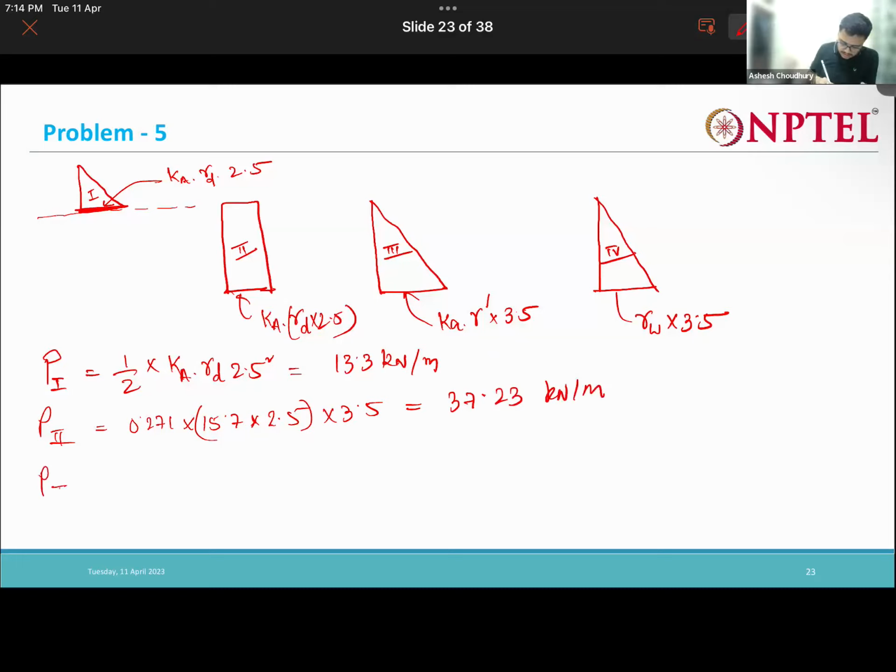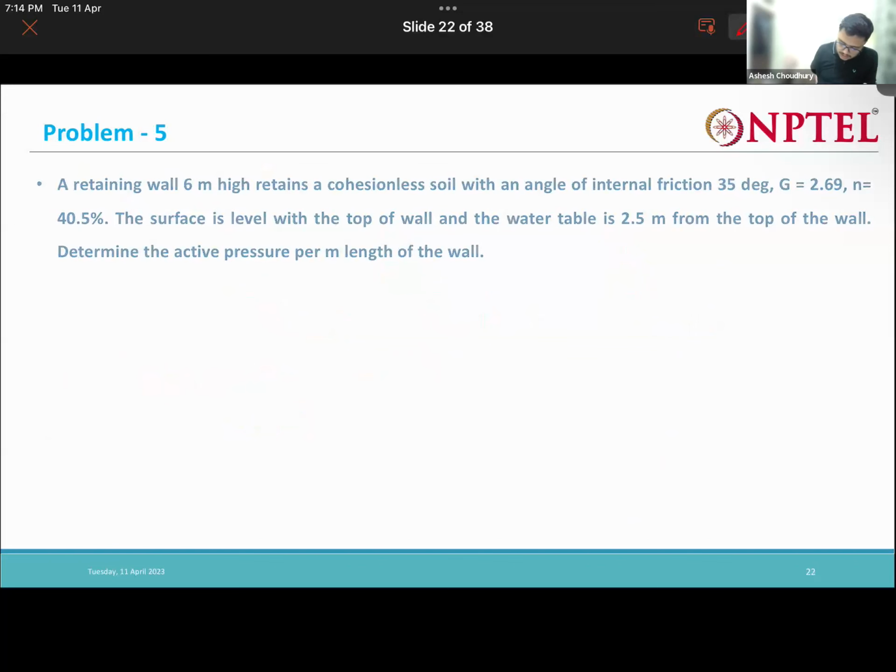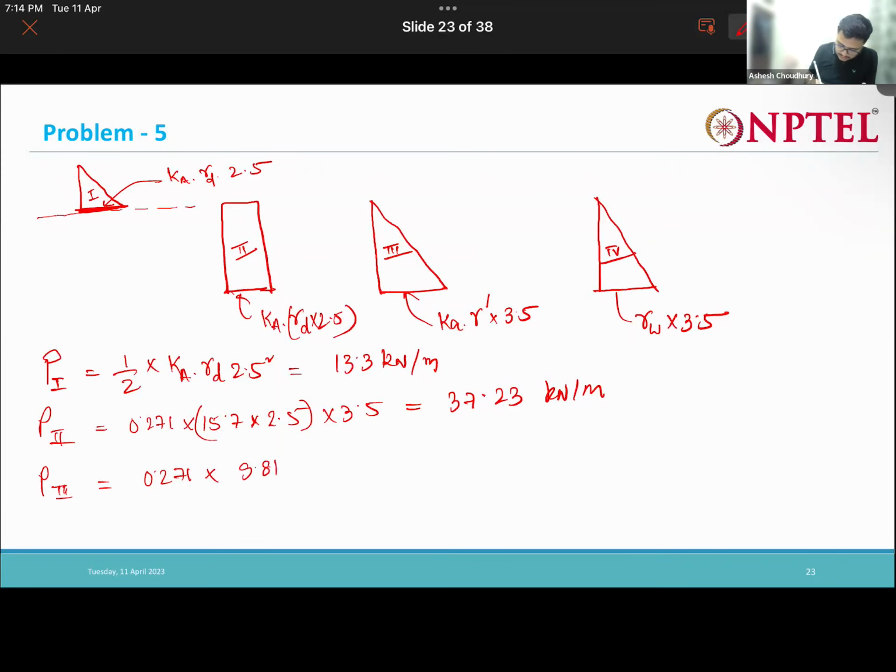Now P3: 0.271 into gamma submerged 9.86, half into 3.5 square. How much will it be? 16.37 kilonewton per meter.